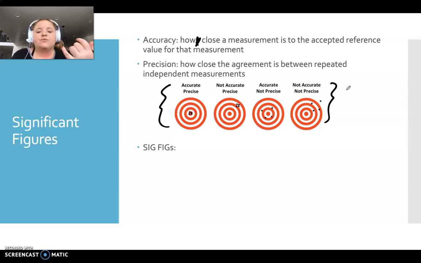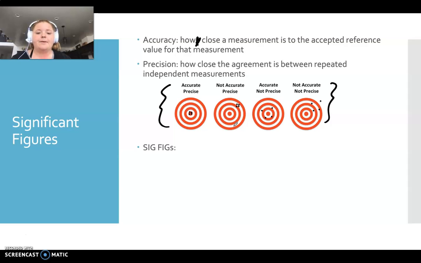If we are looking at a bullseye and we have thrown our darts, let's say we hit all of them on the bullseye. That means our throwing is not only accurate, but also precise.